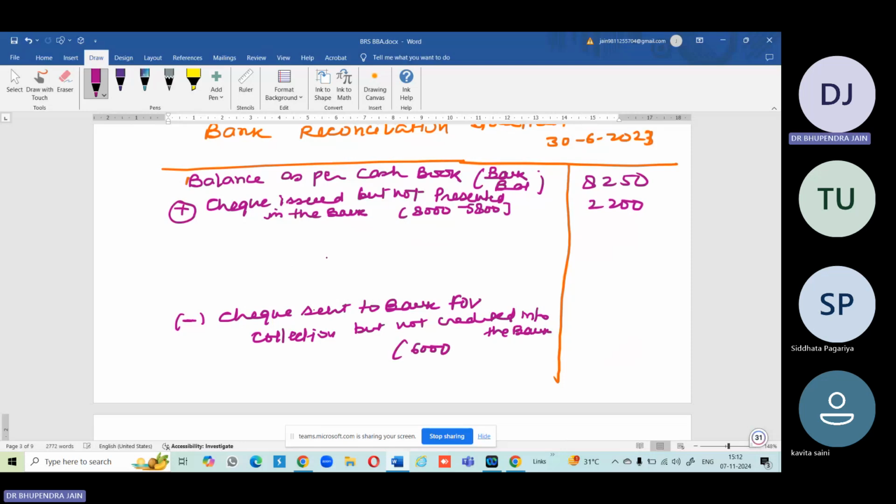This is 6,000 minus 4,100, so the remaining 1,900 we subtract.